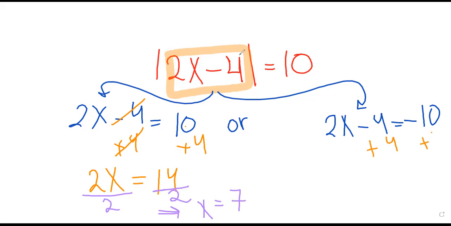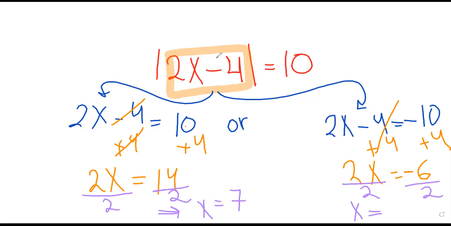I will add 4 to both sides. So we are left with 2x is equal to minus 10 plus 4, which is minus 6. And then I will divide both sides by 2 in order to isolate x. Now x is equal to minus 3. So what are the solutions? The solutions are 7 and minus 3.